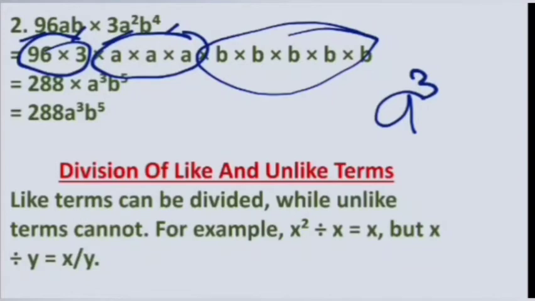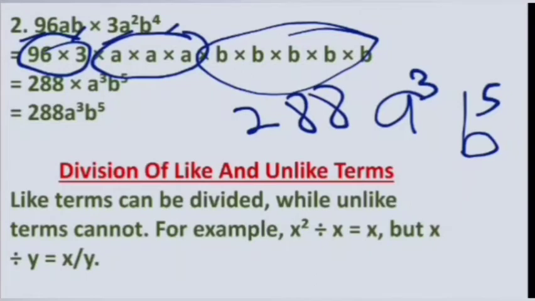Then b times b times b times b times b, which is 5 b's, will give us b raised to the power 5. Then 96 times 3 gives us 288. So when you combine them, a cubed and b raised to the power 5, you're going to have this as our answer.